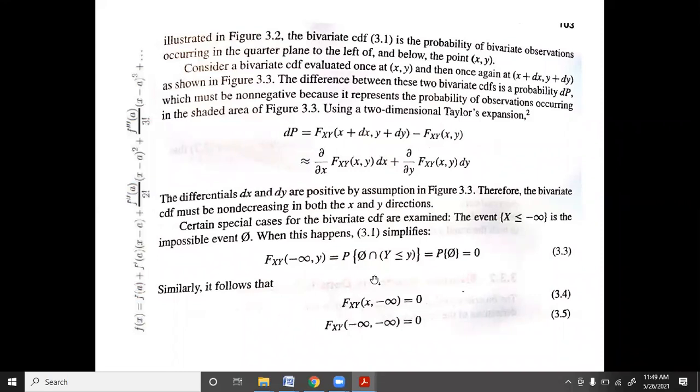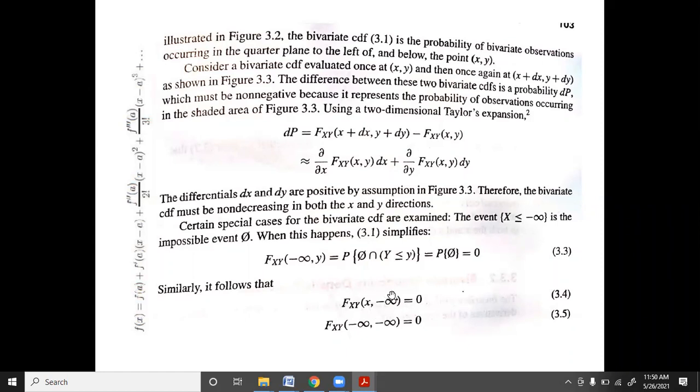Similarly, if you make y less than or equal to minus infinity, we will have this quantity, and again going on the same lines, this will be P of x less than or equal to x intersection phi, corresponding to P of y, y less than or equal to minus infinity. Here, minus infinity corresponds to x less than or equal to minus infinity, and for that we have an impossible event phi.